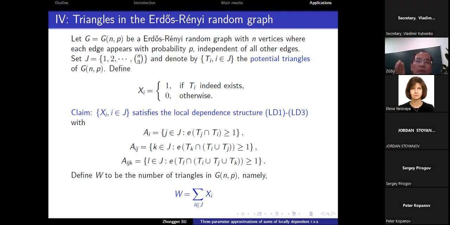So if T_i indeed exists as a triangle in random graph G(n,p), it is easy to check X_i satisfies the local dependence structure. And we consider the sum of triangles.